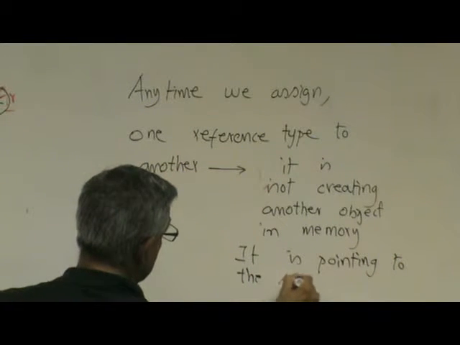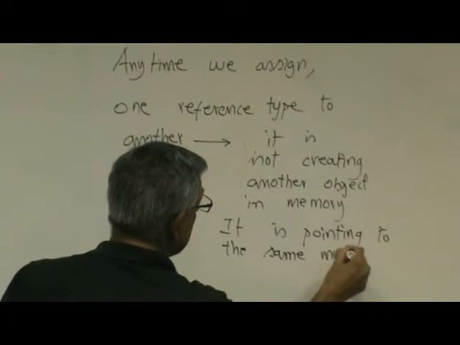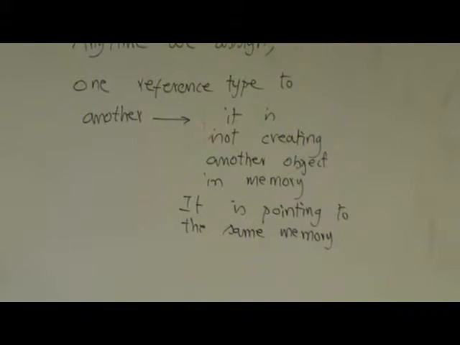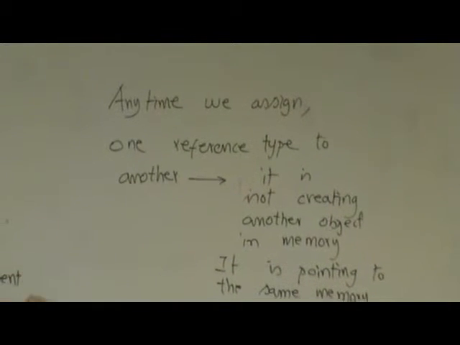Let me again clarify it through an example, right? For example, objects of a class, we refer to those as reference types. Remember, a reference type is any type that's created on the heap, right?